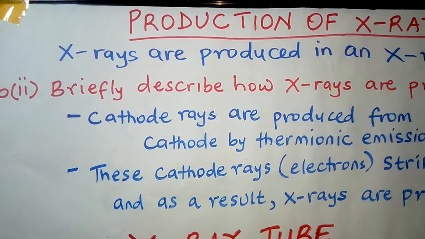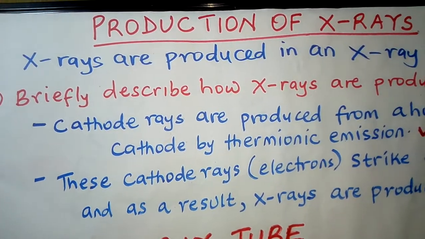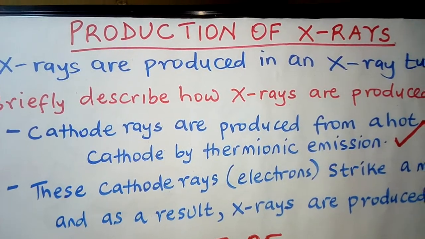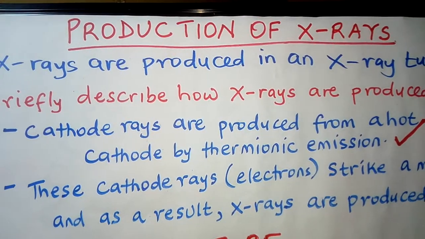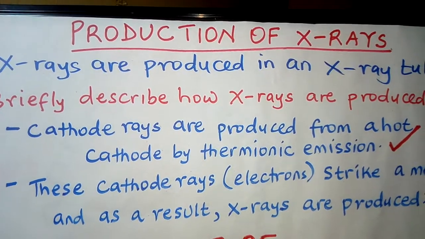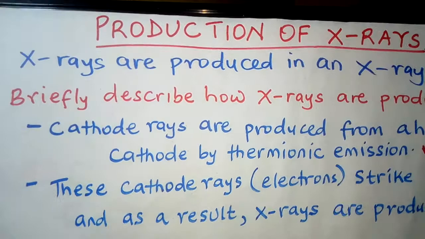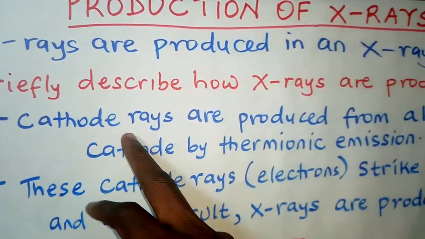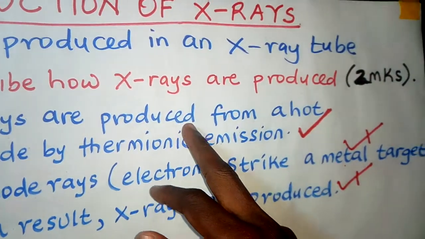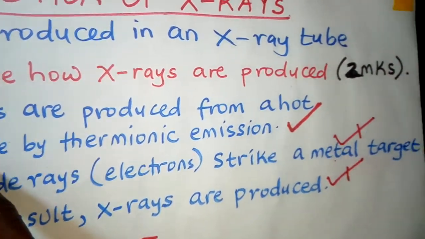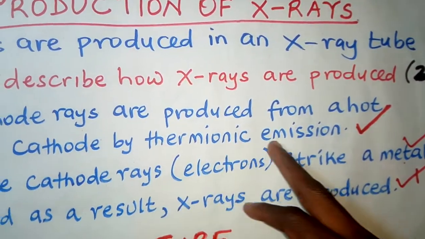Some time back when we were handling cathode rays in one of our previous lessons, we said cathode rays are used to produce X-rays. So there is no way you can produce X-rays without cathode rays. So you first produce the cathode rays. The first thing is cathode rays are produced from a hot cathode by thermionic emission.